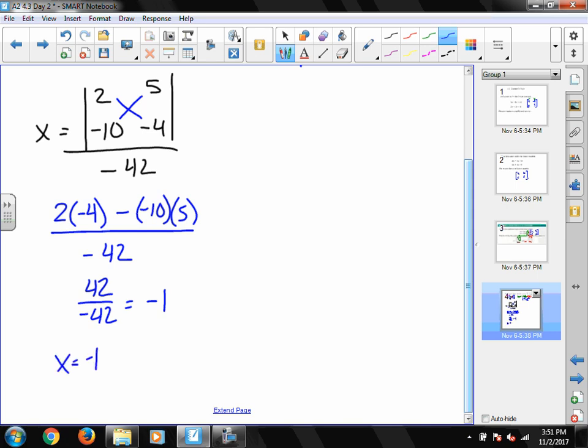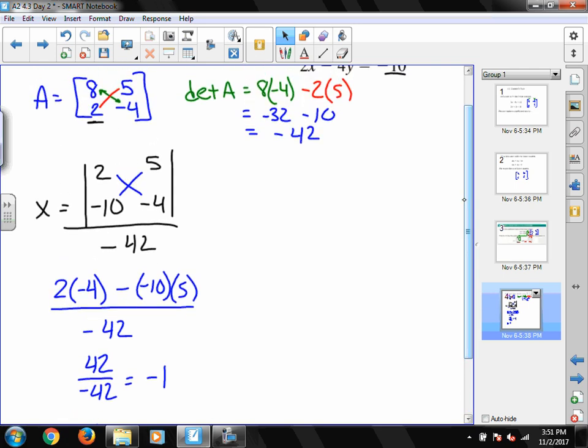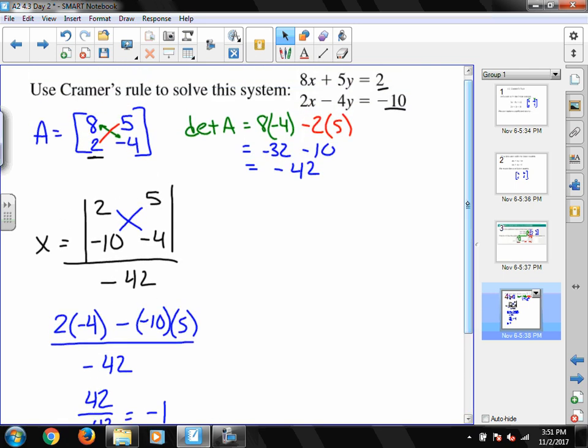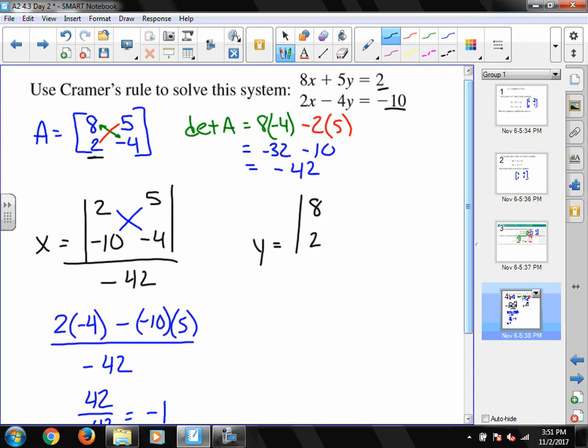X equals negative 1. Now we're going to go through the exact same process, but we're going to do it with y. So I'm looking for y. I'm going to leave the x values of my A matrix alone, so I'm going to have 8 and 2 here.